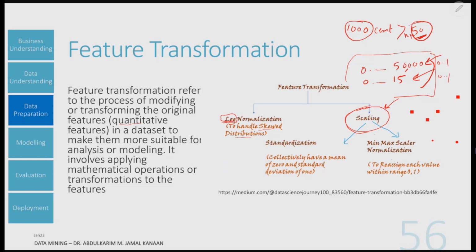There's min-max scaler, and we have standardization, another name for which is z-score. Yeah, z-score, very good. So we have two methods of changing. I think I also mentioned another one called robust scaling, which we will talk about.